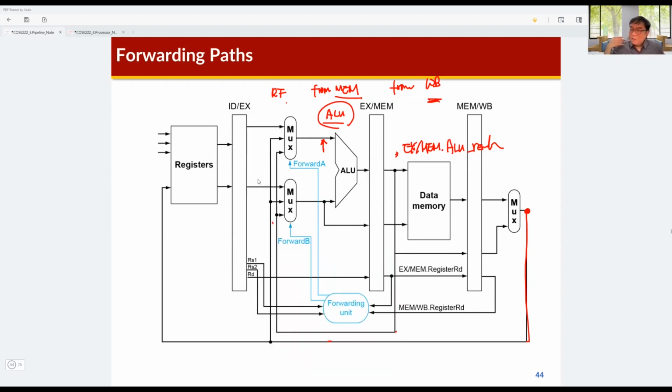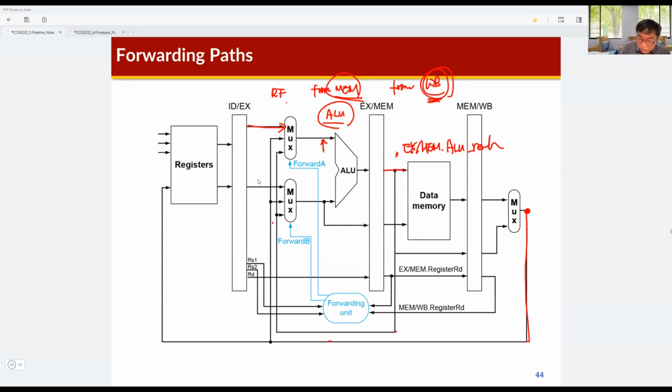That means we need a multiplexer, right? There are multiple inputs, and we need to select from these multiple inputs. That means we need a multiplexer. Then for this forwarding, you need to know the forwarding path from the memory and then write back.